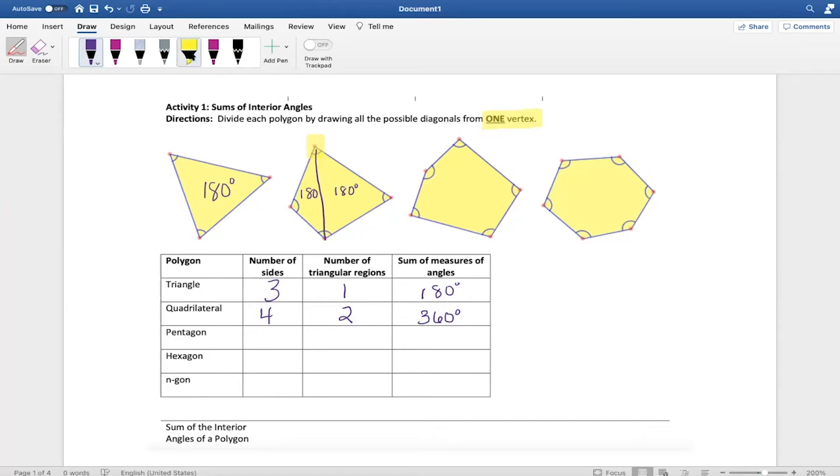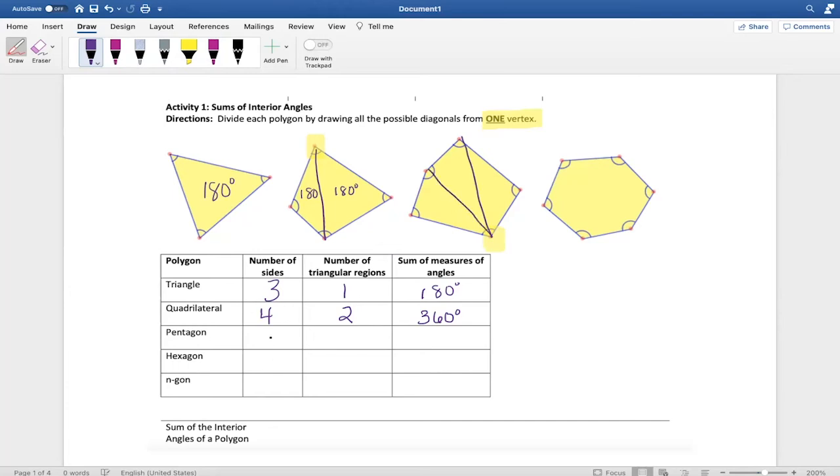Okay, a pentagon. Again, I'm going to pick just one vertex. Let's say I pick that one. And I'm going to draw all the possible diagonals just from this one vertex. So there's one. And there's another one.